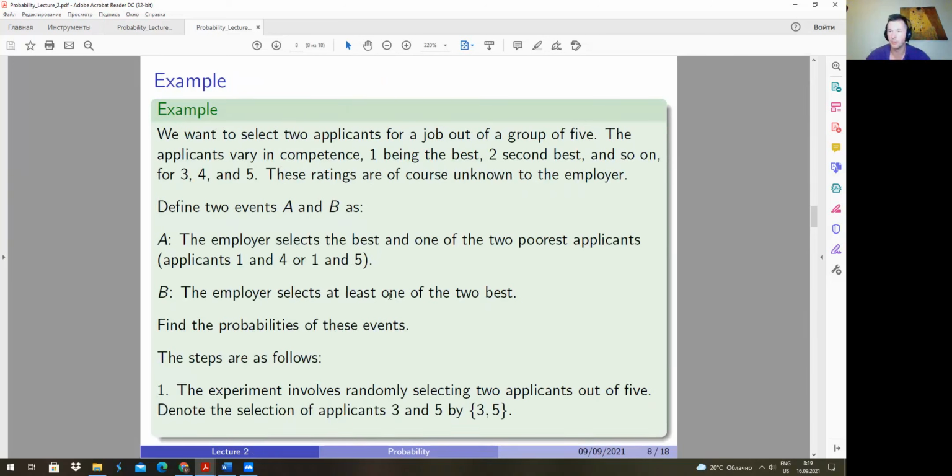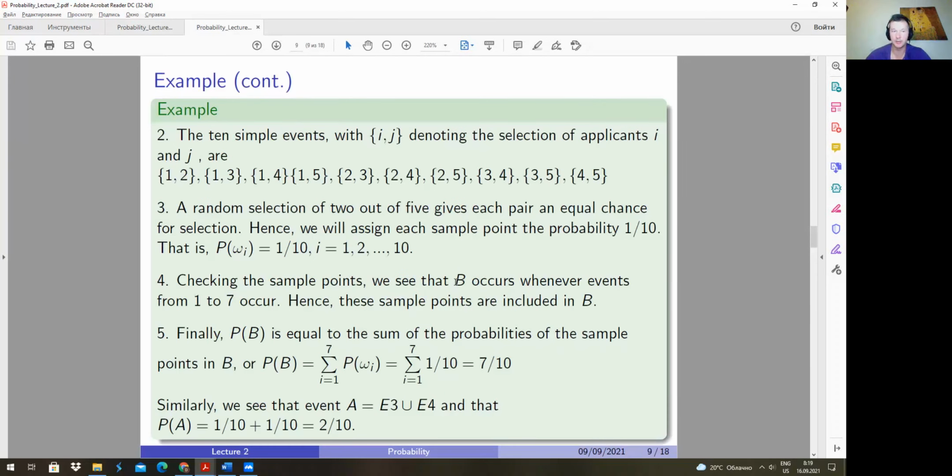So basically, we've been interested in particular events. But first of all, we needed to calculate how many possible sample points we have in the sample space. So we built this manually: 1, 2, 1, 3, 1, 4, and so on. And we calculated that that was 10.